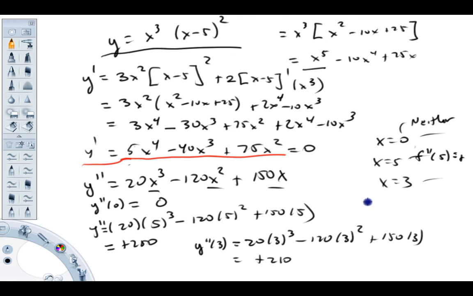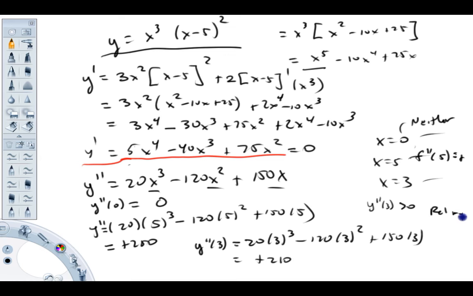Okay, so y double prime of 3 came out greater than 0. That means we got another relative minimum. So let me double check that just to be sure. Yeah, I guess that looks about right.